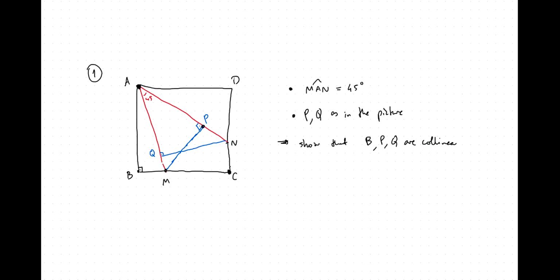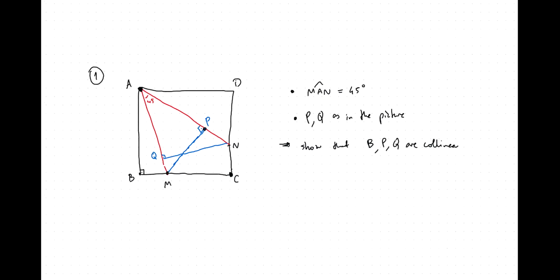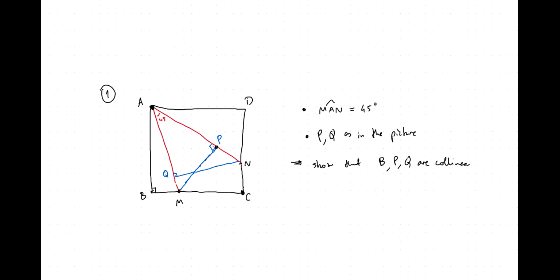When you look at this picture with no names of the letters, but you still read that ABCD is a square, and M is on BC, and N is on DC. First information is this, and then MAN is 45.